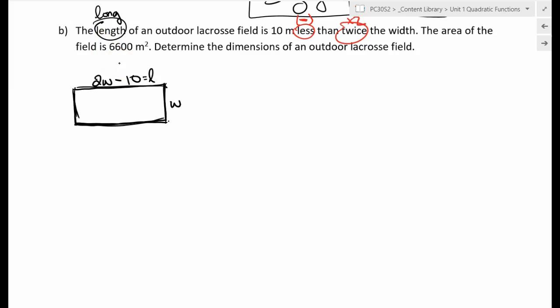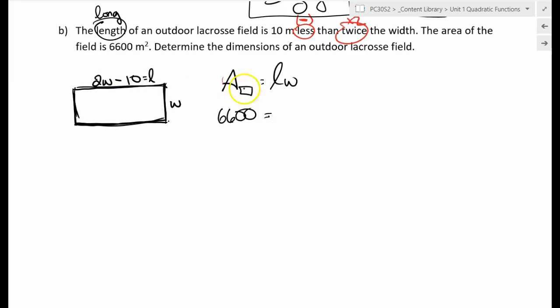We need to solve this. Well, we know the area of a rectangle is length times width. From here, we can plug in some values. If we've got 3 different pieces represented here, we can only solve an equation if there's only one variable. So what we're going to do is plug things in and see how it all shakes out. 6,600 meters squared.